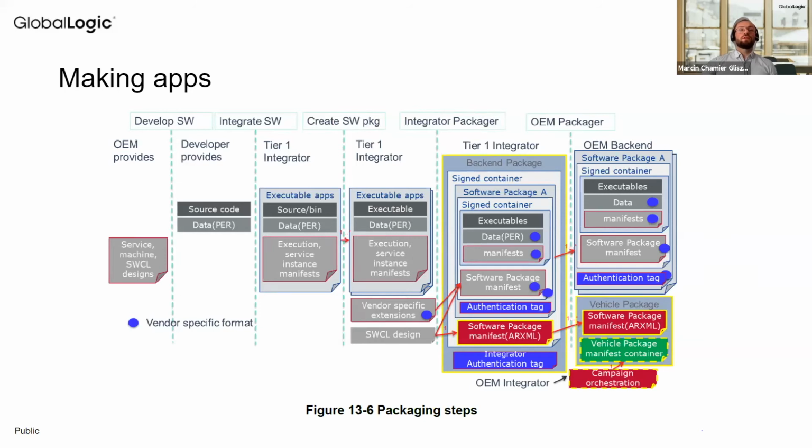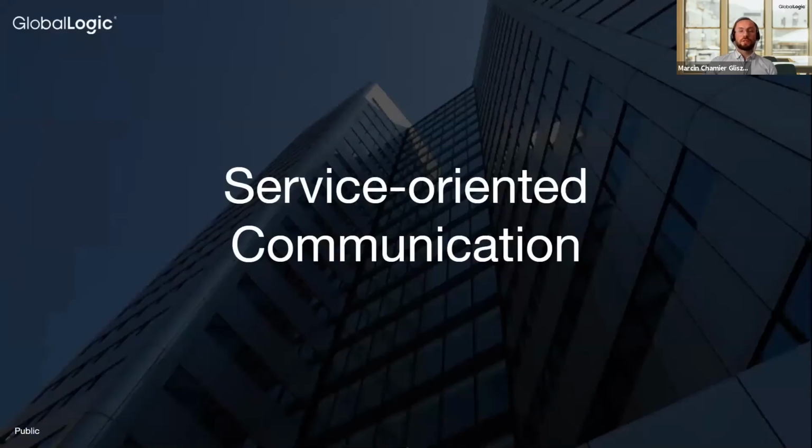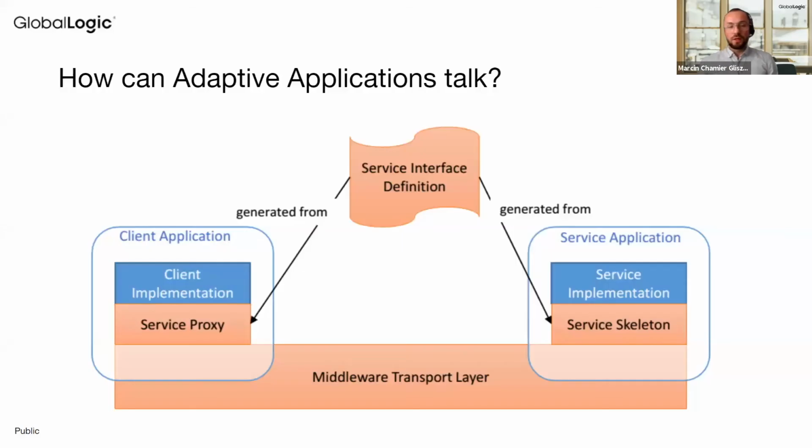So here now we will talk about how the service-oriented communication works. As I mentioned, the AUTOSAR Adaptive platform currently mainly uses CommonAPI for service-oriented communication.